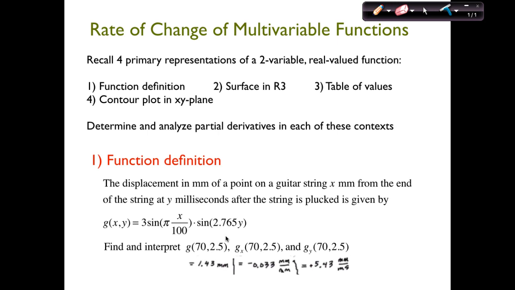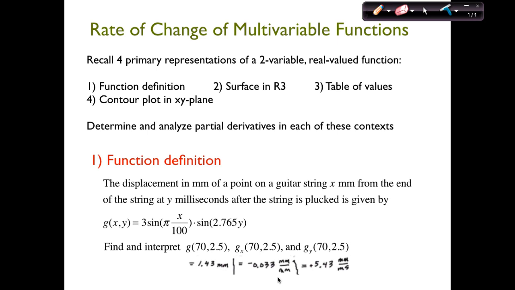So what about the next one? What does this number, negative 0.033 millimeters per millimeter, mean? Anyone want to give it a shot? Samuel. I can give it a shot. I don't have any of the units on mine.